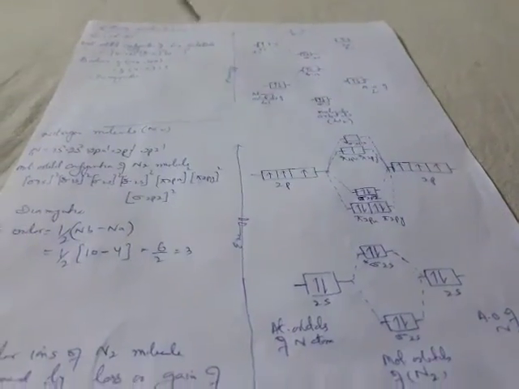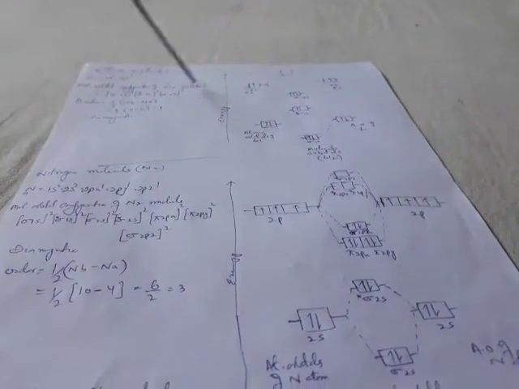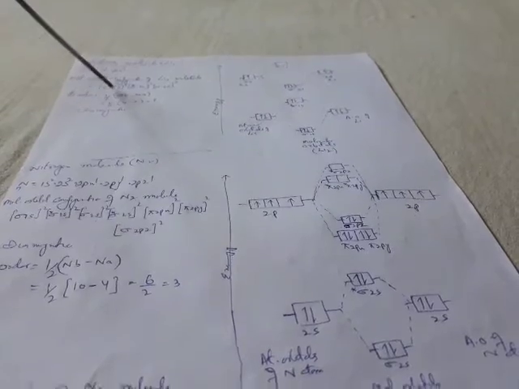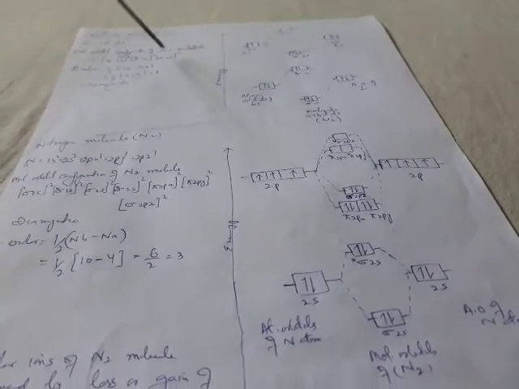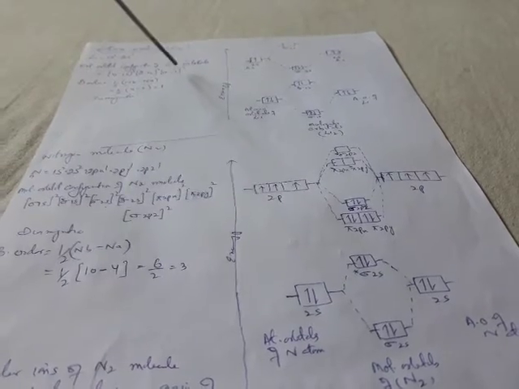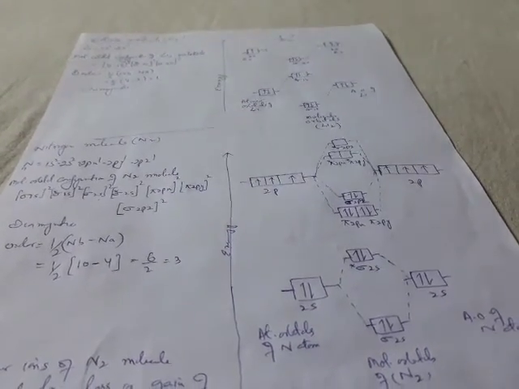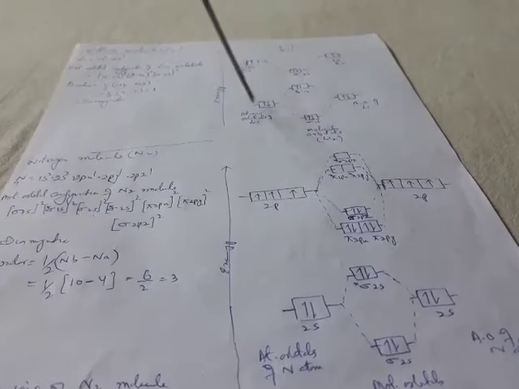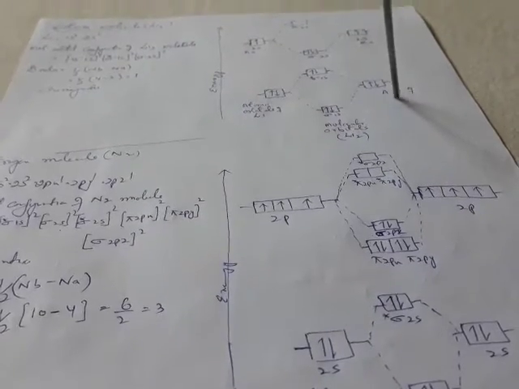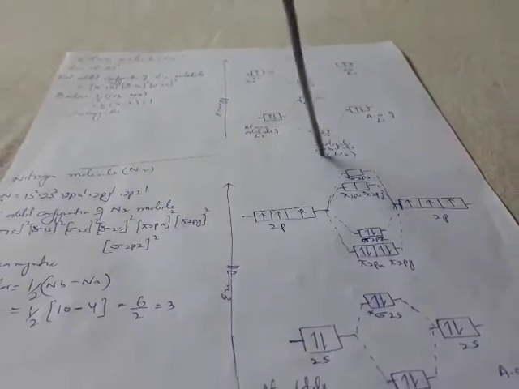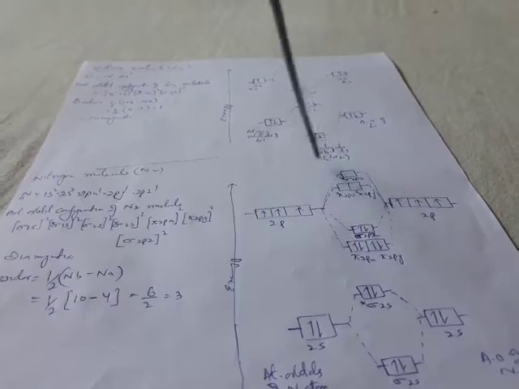The molecular orbital configuration of the lithium molecule is sigma 1s2, sigma star 1s2, and then sigma 2s2. You can see these are the atomic orbitals of lithium, and these are the resulting molecular orbitals of the lithium molecule Li2.